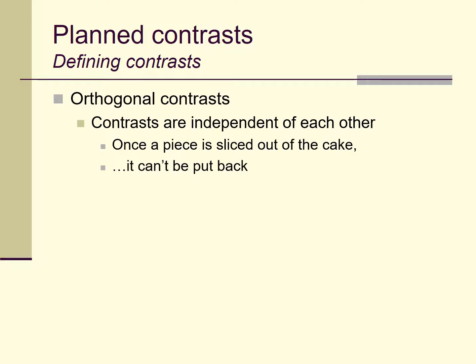And if you want to think back to that cake metaphor, it's like once you've sliced out a piece of cake, you don't then squish it back into the cake and then slice it out in some other combination later on. Once you've sliced out a piece of cake that corresponds to the placebo dose group and compared it to some other slice of cake, then you set the placebo dose group off to the side and you take that other slice of cake and you slice it up, and then maybe you set part of that off to the side and take the remaining piece and slice it up, and so on and so on.